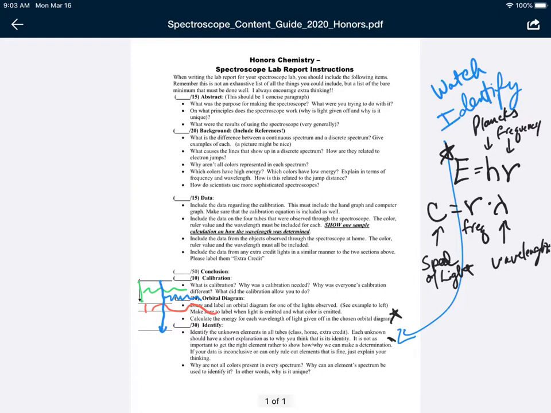But effectively, you're comparing your data, your color and wavelength data, with the spectra for comparison that's posted on Schoology. And I'll put a picture of it at the end just in case you don't know what I'm talking about. So do the best you can to try to figure out what elements you were looking at in the lights, matching up the wavelengths as best you can.